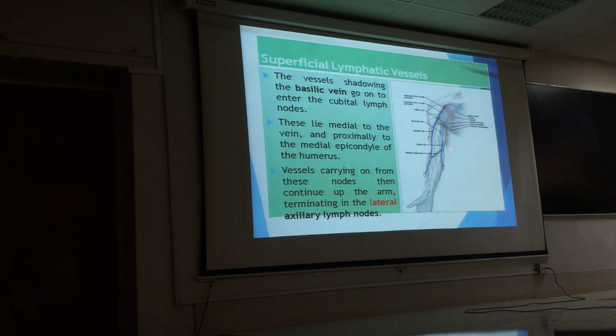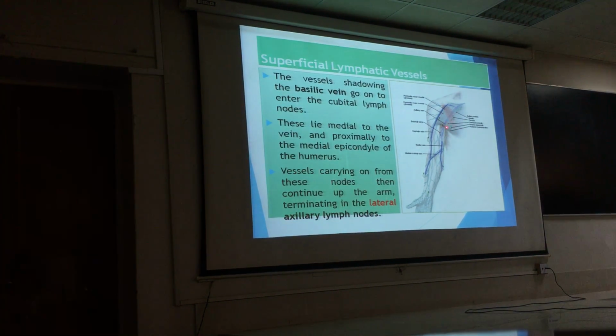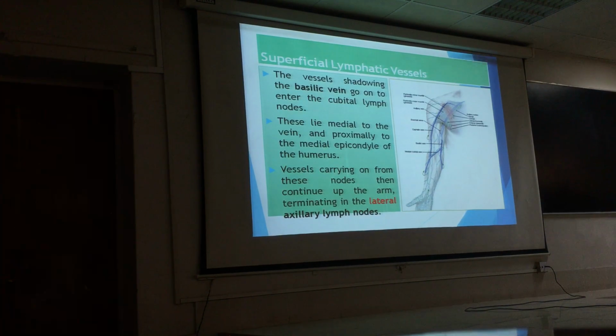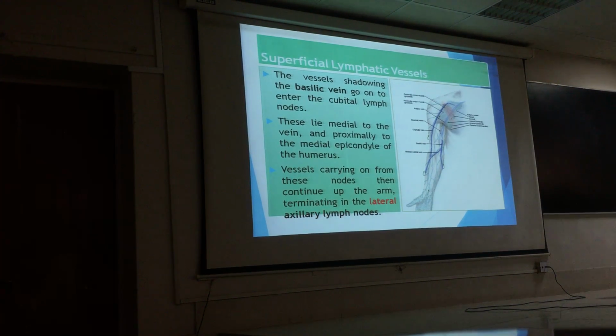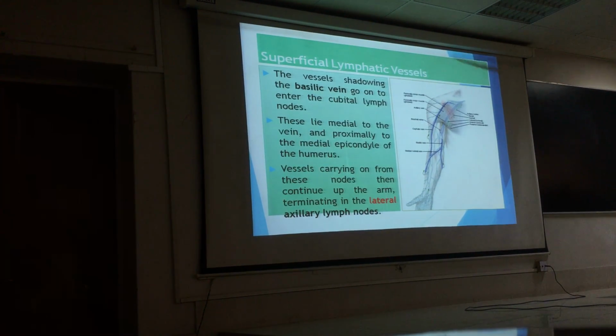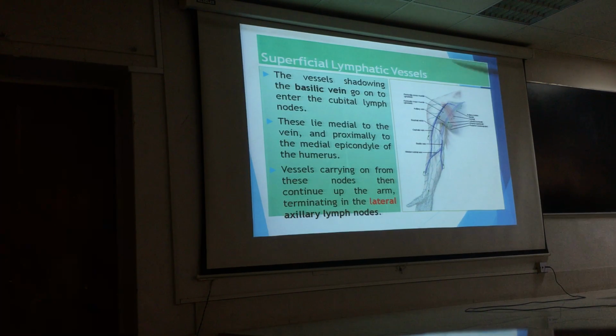Now, from here there was the cubital lymph node. The cubital lymph node takes it up to the axillary set, and over here they are arranged, and this one is the lateral or the humeral group of lymph nodes, because they take the lymphatics of the upper limb, from the upper arm, to the humeral or lateral group, which is the closest group near the basilic vein.